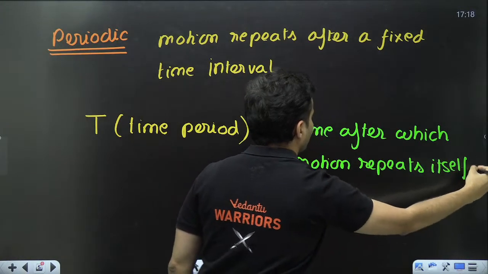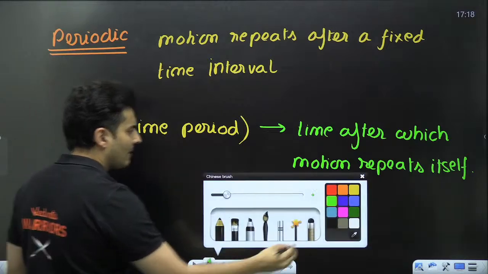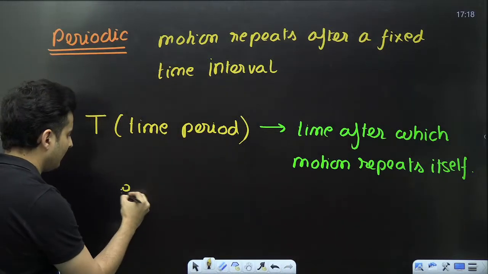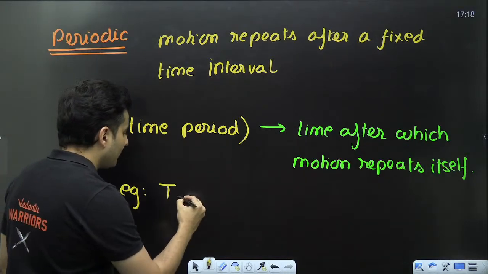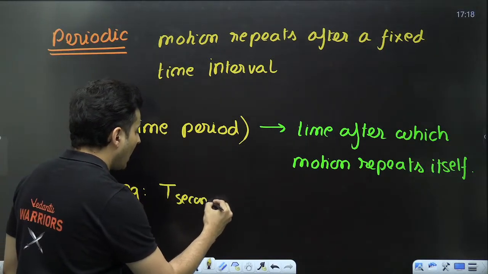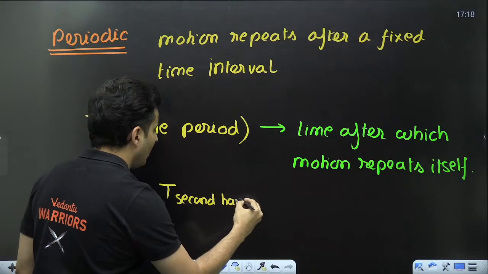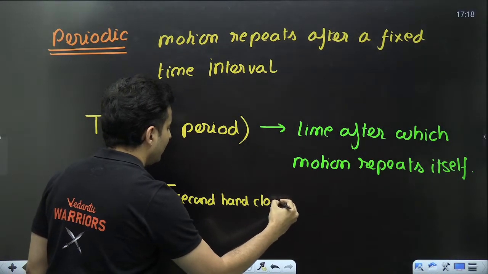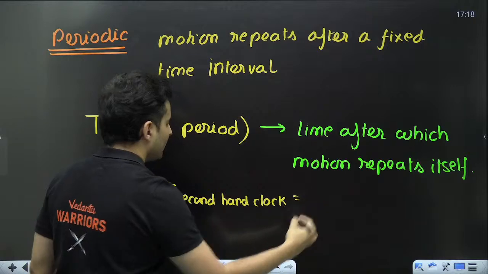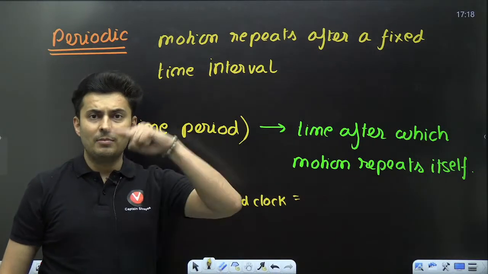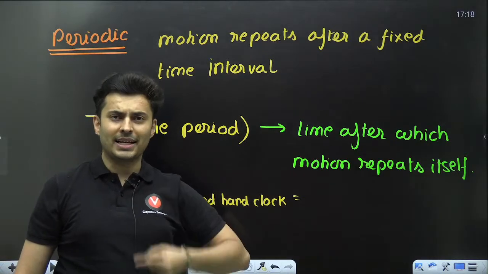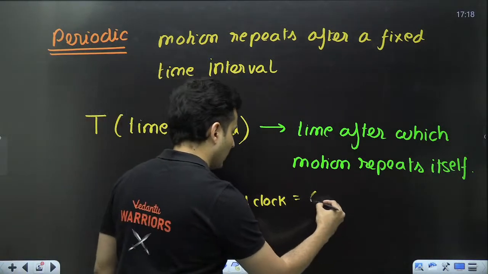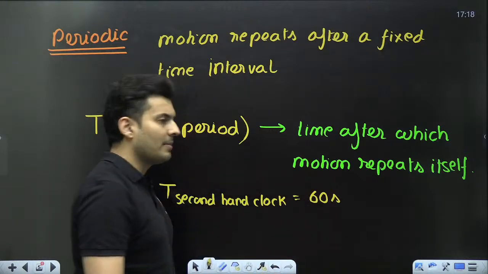Can you give me an example of time period? Yes, definitely. What is the time period of the second hand of a clock? It completes one revolution after how many seconds? 60 seconds. So 60 seconds is the time period.